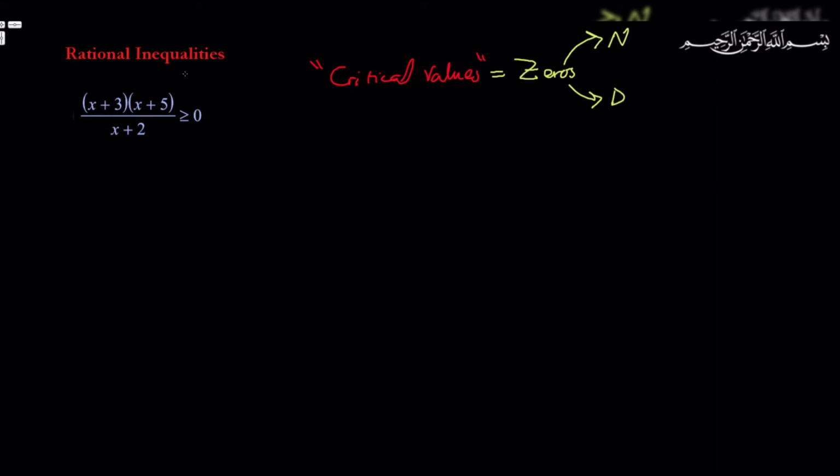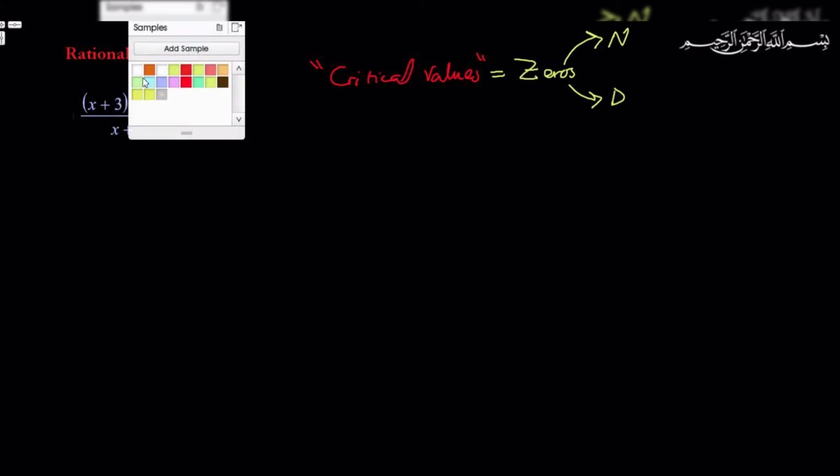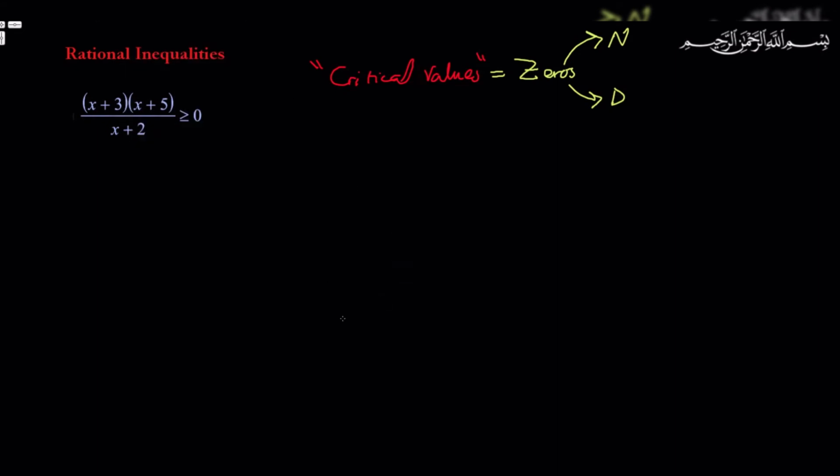In other words, you find whatever makes the numerator 0, and you find whatever makes the denominator 0. And then you take the friendly neighborhood number line and you place those critical points, or critical values, on the number line. So let's do this one step at a time.